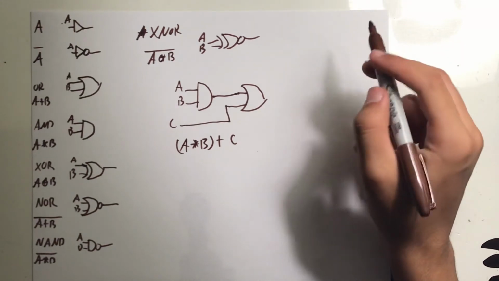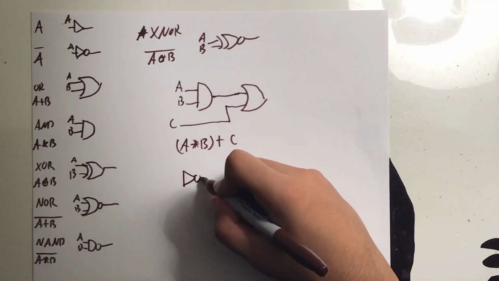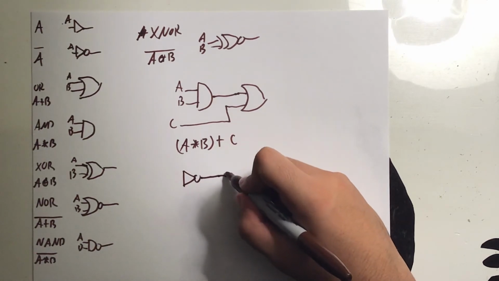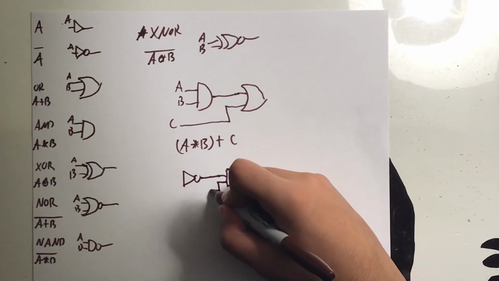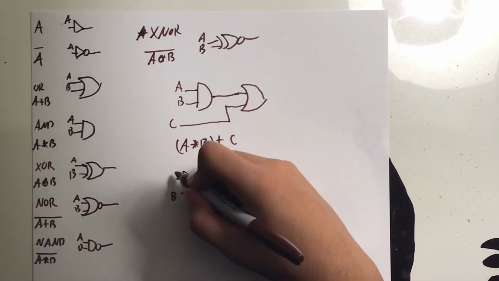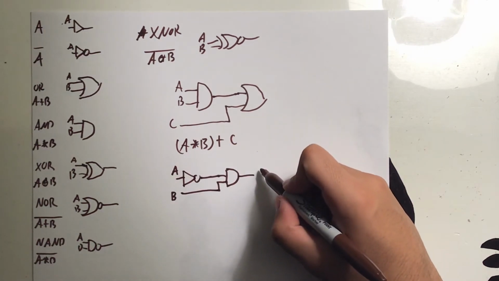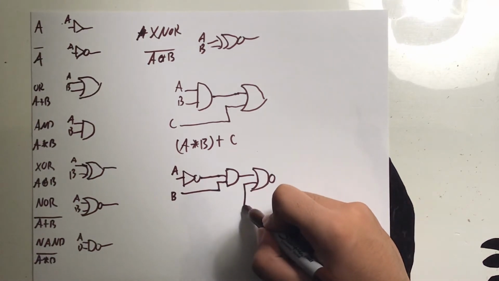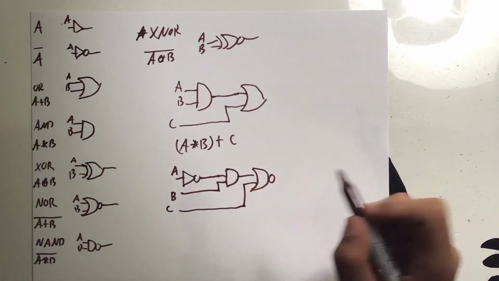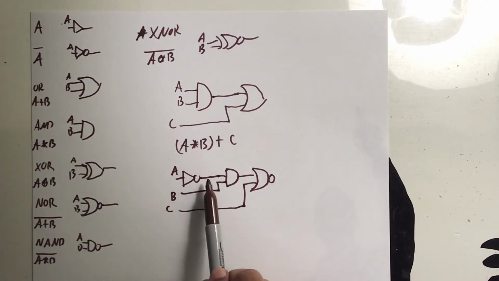Let's do another example, one more. If we had this, so this is and, right? And we're gonna have A, but A is being knotted.